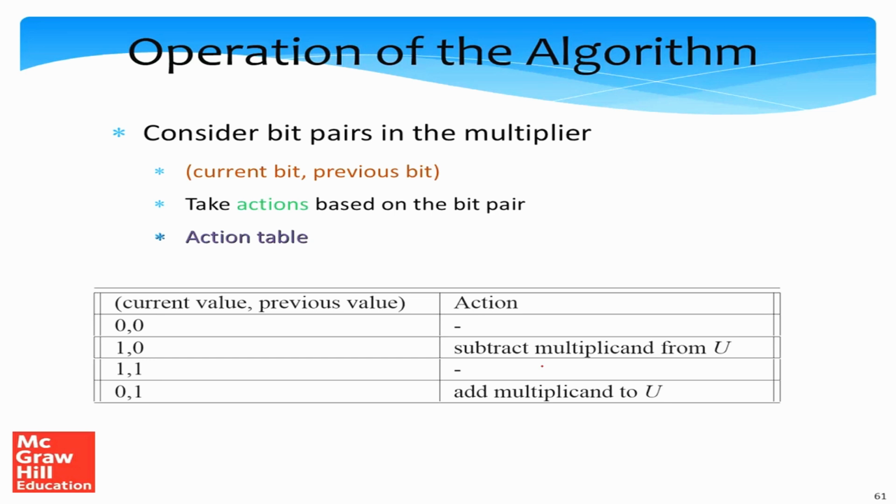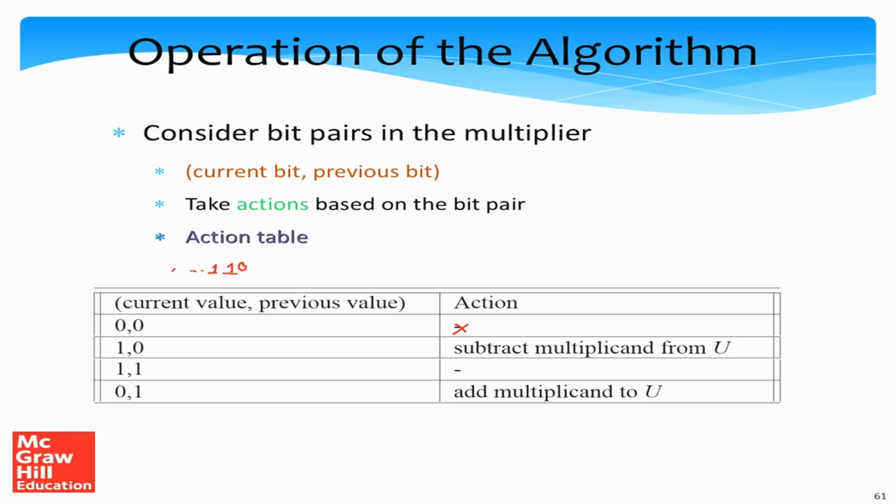Let us consider bit pairs in the multiplier, a current bit and previous bit pair, and we take actions based on the bit pair. So we have an action table, current value and previous value. If the current bit is 0 and the previous bit is 0, nothing needs to be done. We are in a run of zeros. If the current bit is 1 and the previous bit is 0, a run of 1s is starting, so as discussed on the previous slide, we subtract the multiplicand from u.